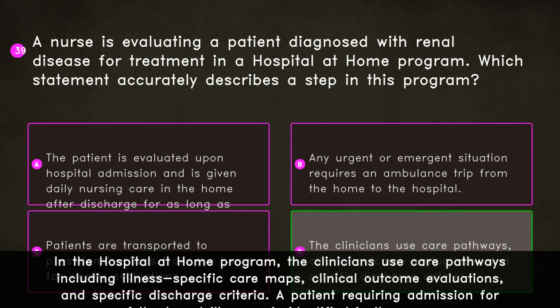If the patient is eligible and consents to participate, the hospital-at-home physician evaluates the patient, who is then transported home, usually by ambulance. Nurses are available 24 hours a day, 7 days a week for any urgent or emergent situations. The patient is evaluated daily in the home by the hospital-at-home physician, who completes an assessment and continues to implement appropriate diagnostic and therapeutic measures.